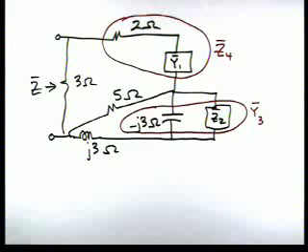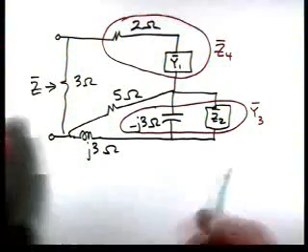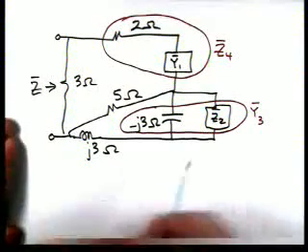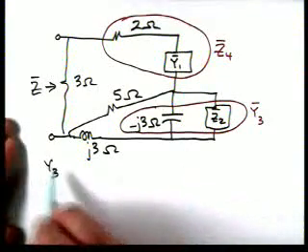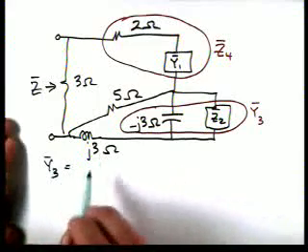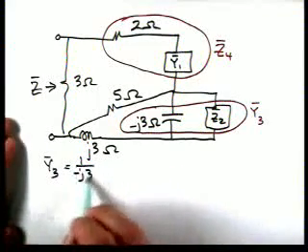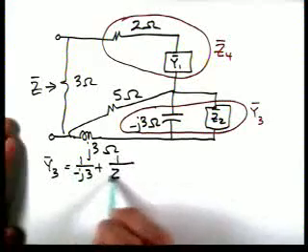Okay. So for Y3, Y3 will be 1 over minus j3 plus 1 over Z2.